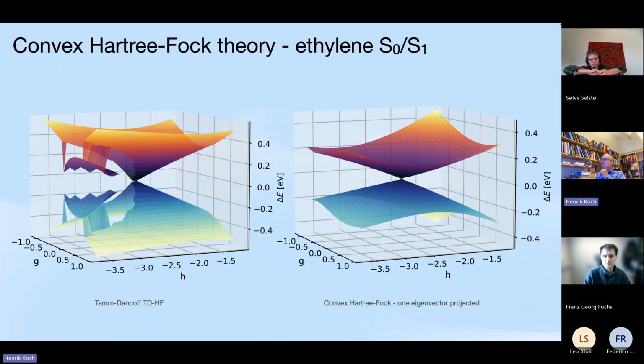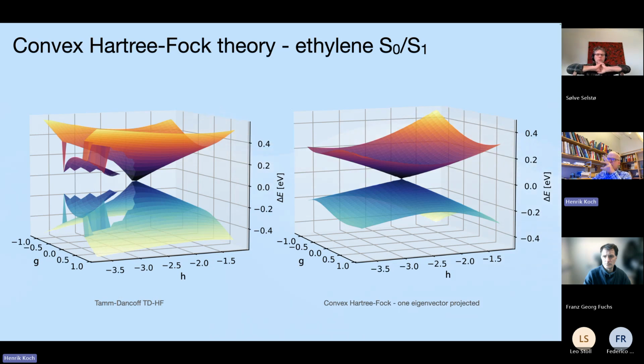So if we compare here again for ethylene, this is the S0, S1 conical intersection. You see the standard theory on the left shows very strange behavior. We have two solutions. We have one solution with positive excitation energies, and then we have another one with negative excitation energies, and they don't coincide, right?